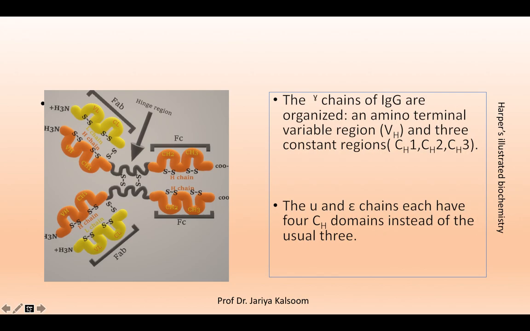The constant regions determine the class-specific effector functions. The constant regions of the immunoglobulin molecules, particularly the CH2, CH3, and CH4 of IgM and IgE, located within the Fc fragment, are responsible for the class-specific functions of the different immunoglobulins.